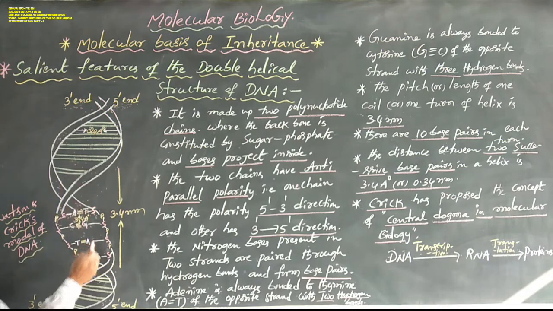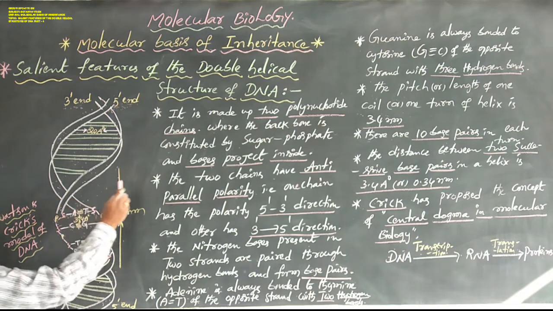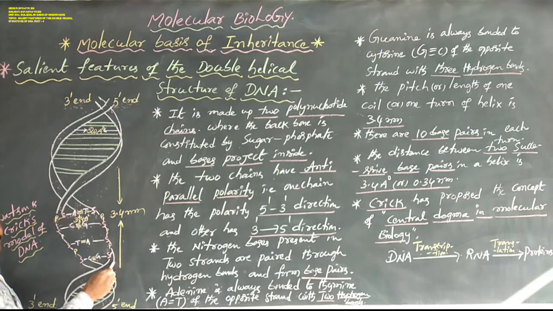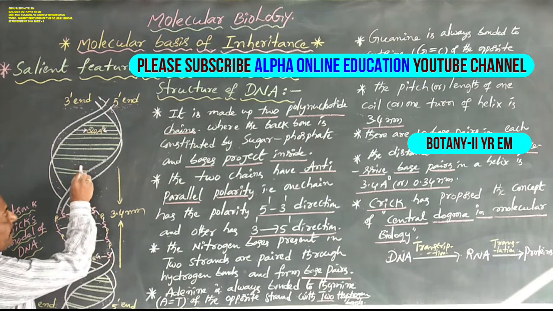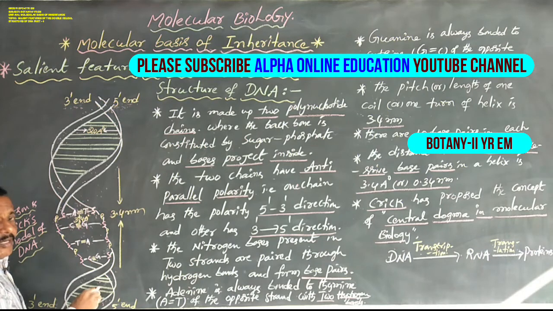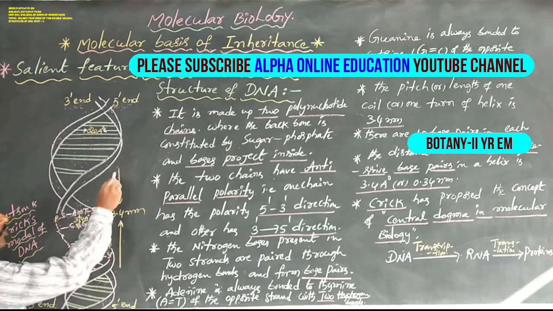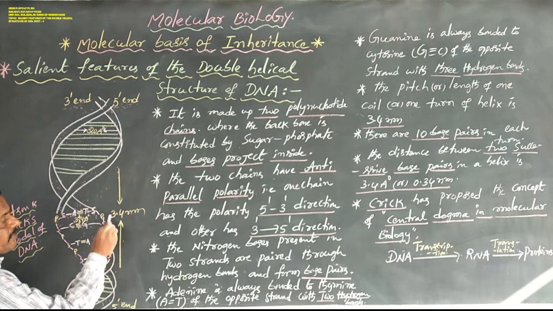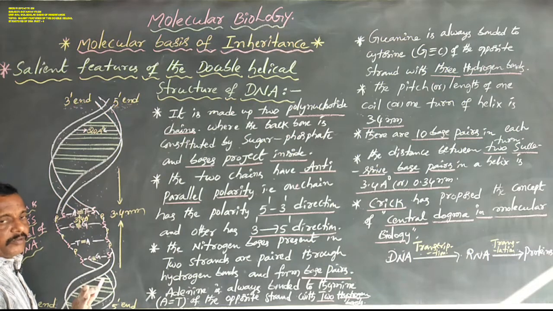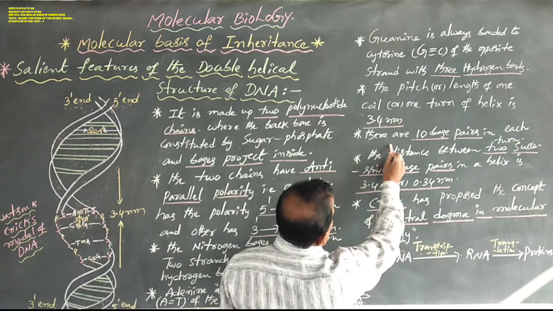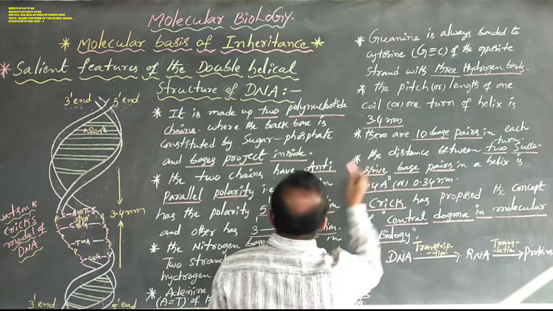A single pitch, or length of one coil or one turn of the helix, is 3.4 nanometers, or 34 angstroms. Next, a single coil, a single turn, contains 10 base pairs.